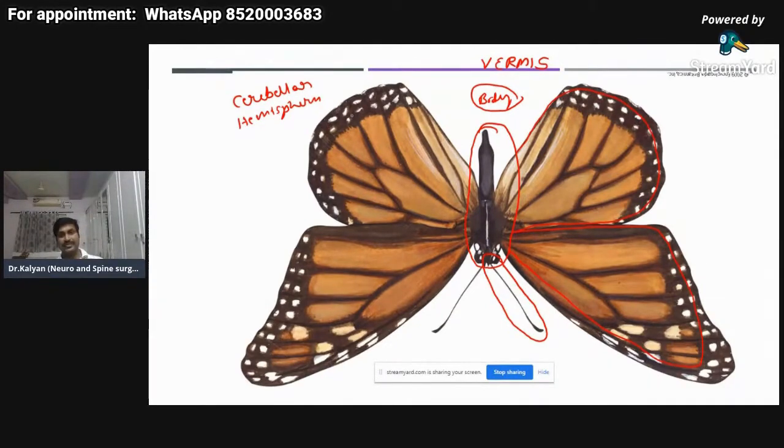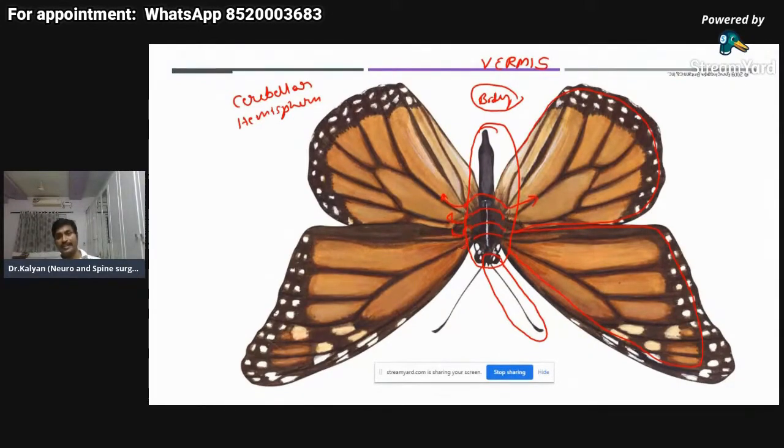It has a body, known as the vermis, and wings, known as the cerebellar hemispheres. What is the function of the vermis? It connects both the cerebellar hemispheres.